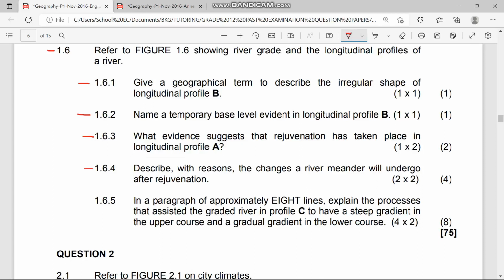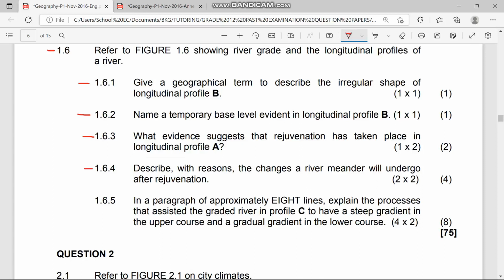Question 1.6.4 says describe with reasons the changes a river meander will undergo after rejuvenation. After rejuvenation, the meander will become incised.